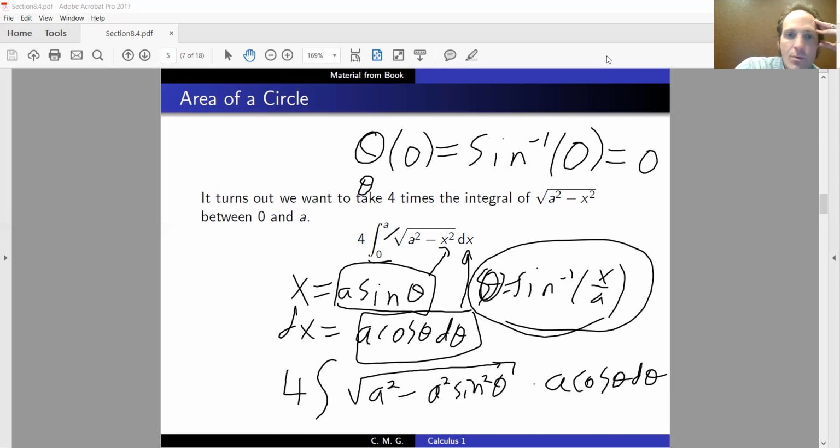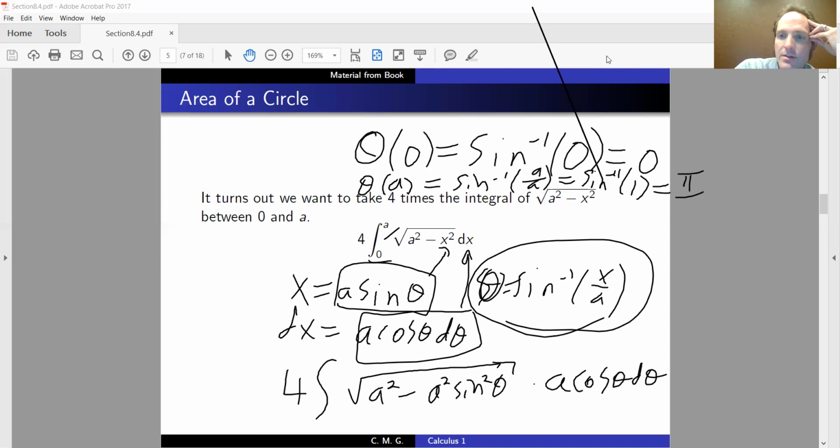And now theta of a, so the top of this integral, is the inverse sine of a divided by a. a divided by a is 1. So I get inverse sine of 1. And inverse sine of 1 is just pi over 2. So the angle that gives me 1 when I take the sine is pi over 2. Sine of pi over 2 is 1. So pi over 2 is the inverse sine of 1. Okay, so my two values here are 0 and pi over 2.